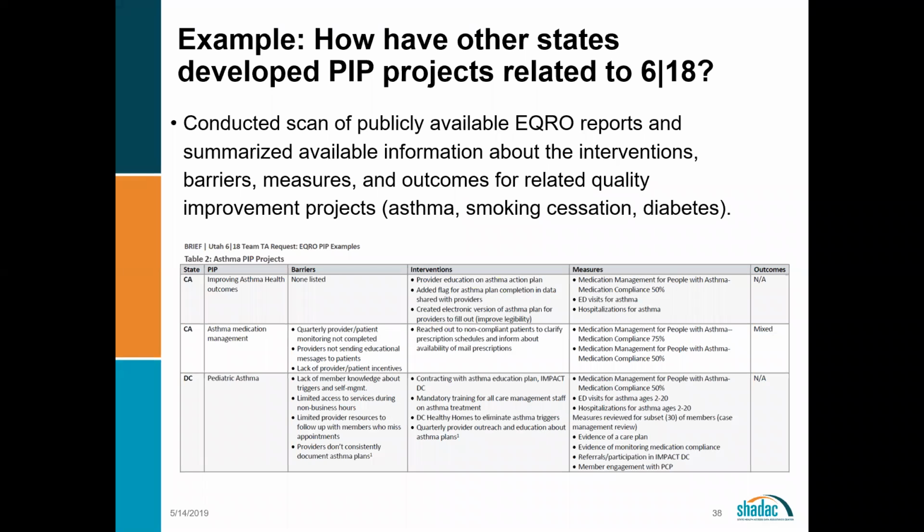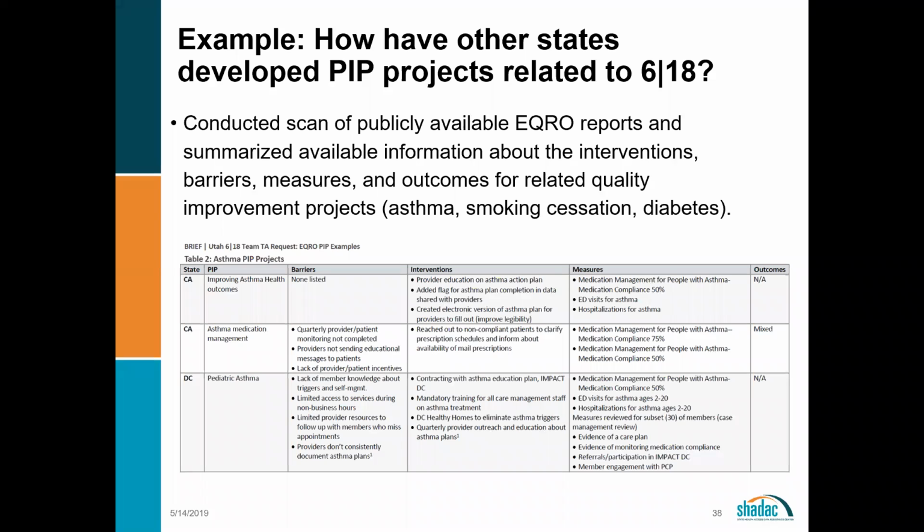I also wanted to touch on an example of another targeted environmental scan that we did, and Deirdre talked a lot about performance improvement projects, and I know that on the webinar last month that was talking about how to engage MCOs in 618 work, there was a fair amount of talk about performance improvement projects and how they can be a helpful way to forward 618 objectives.